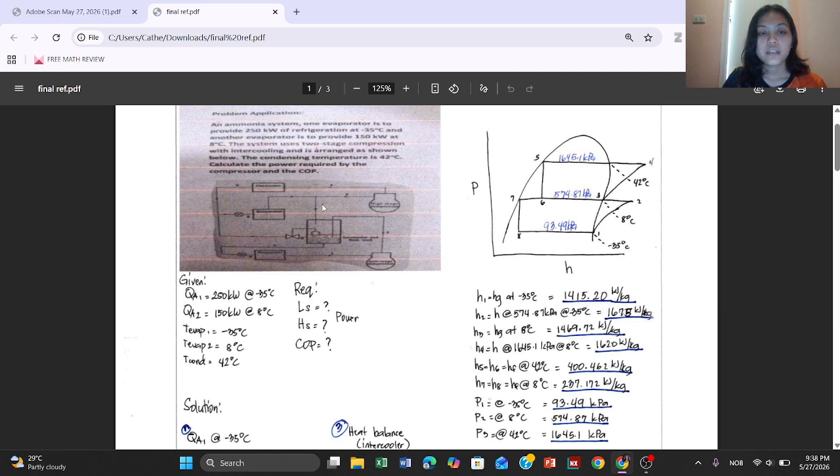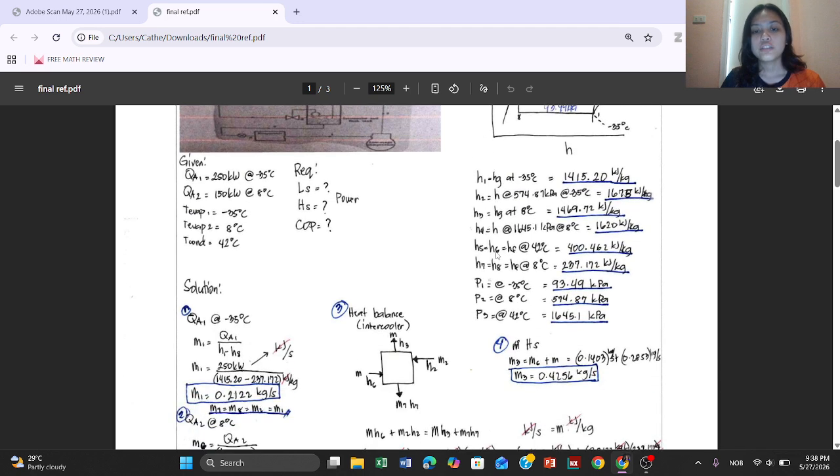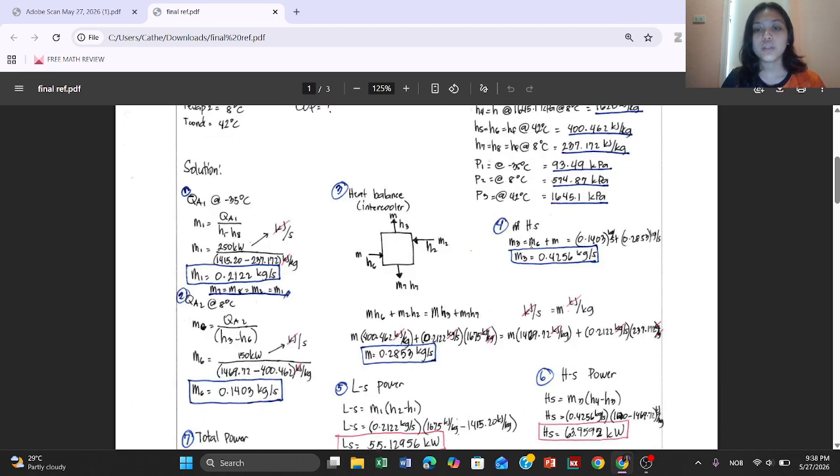This means that the mass at point 3, or the mass entering the compressor, will be the combination of the mass at the intercooler and the mass at the evaporator. So the formula will be the mass at point 3 equals mass at point 6 plus the mass at the intercooler. And we get 0.4256 kilogram per second for the mass at point 3.